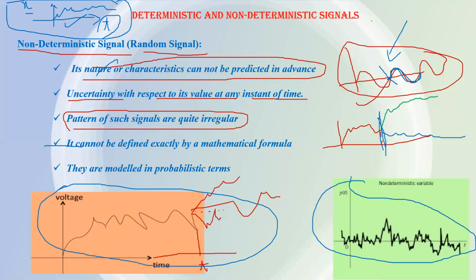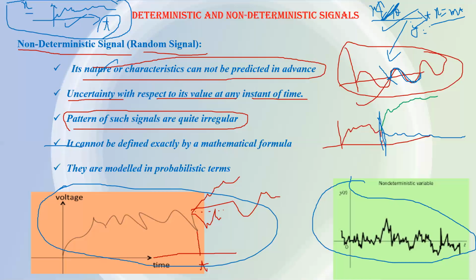But if I am asking you what will be the mathematical expression for this signal, this is a straight line passing through origin. If this is x and this is time, then you can easily write the equation x equal to m into t. So this is a deterministic signal.